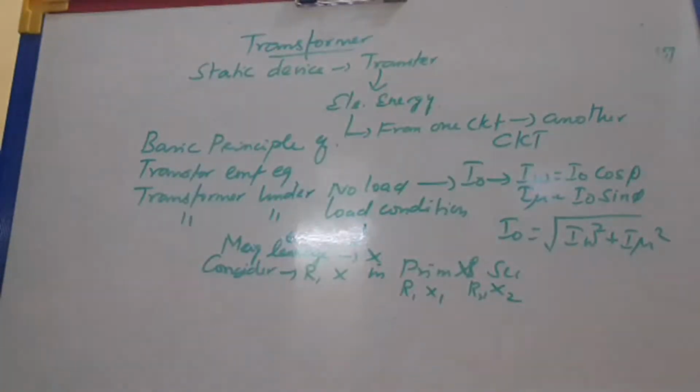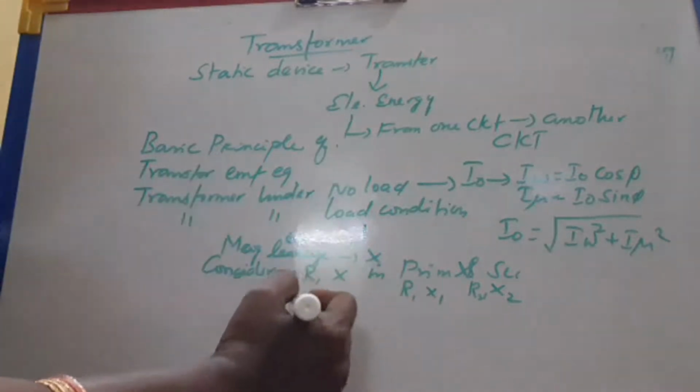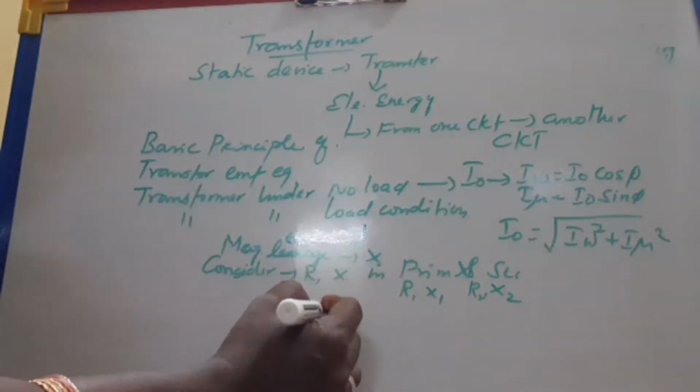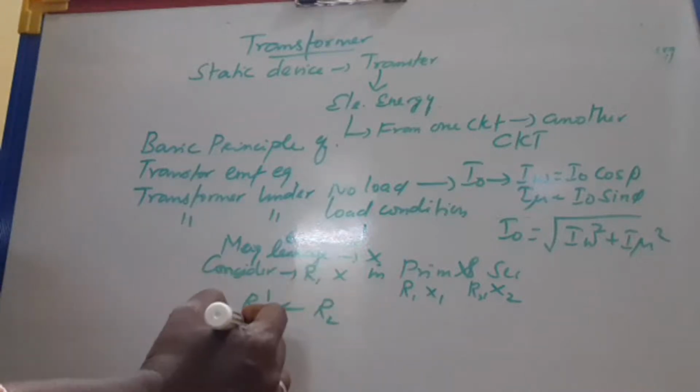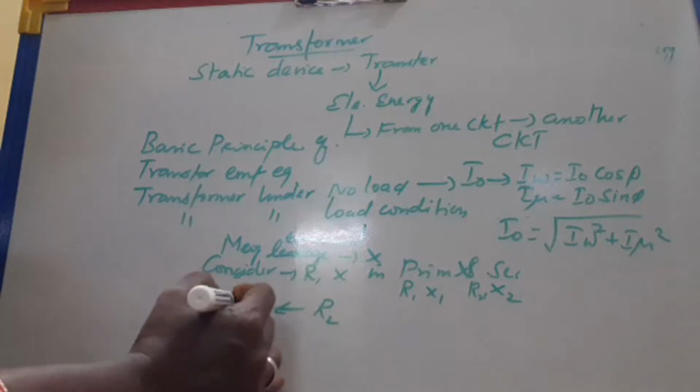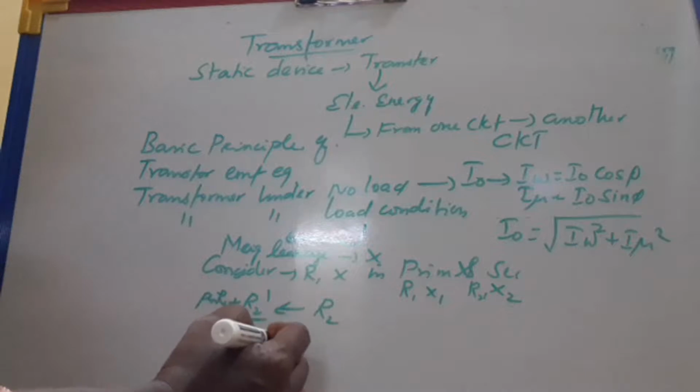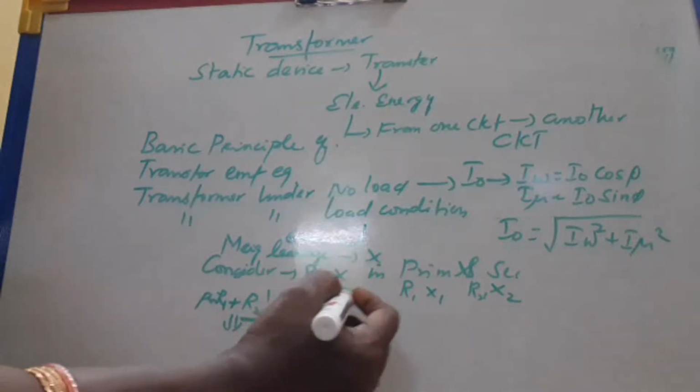We consider the total impedance. With its help, we can transfer the secondary resistance and reactance to the primary side. The secondary resistance R2 is moved to the primary side, that is R2 dash, which is combined with R1, giving the effective resistance in the primary, R01.